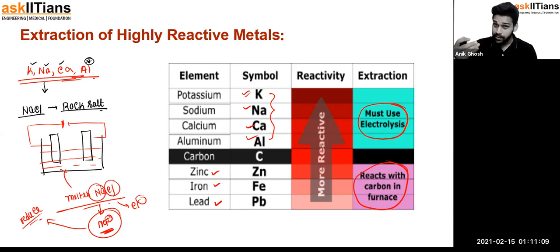But for aluminium, this process is a little bit modified, because for aluminium there are so many problems. Here I am using molten NaCl, but to melt aluminium, we need a very high temperature, near about 2030 degrees centigrade.